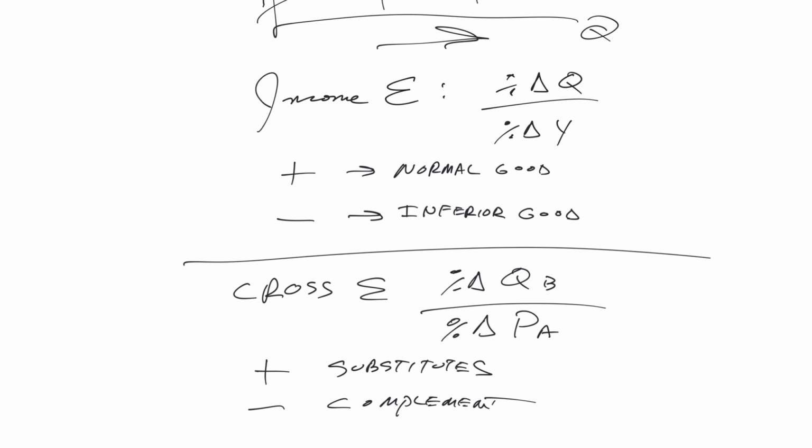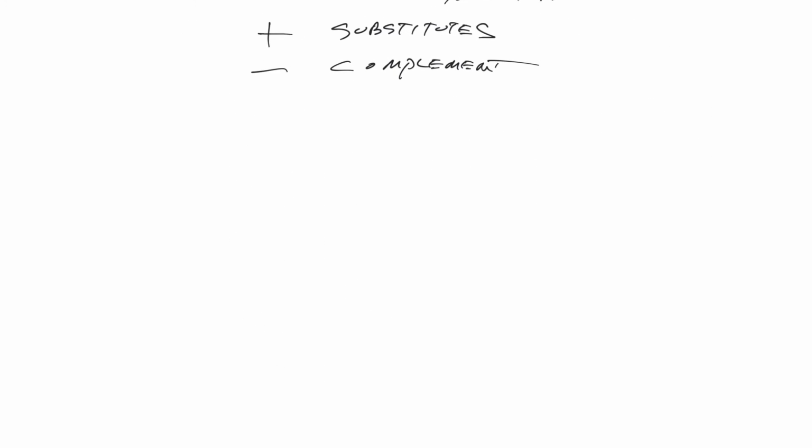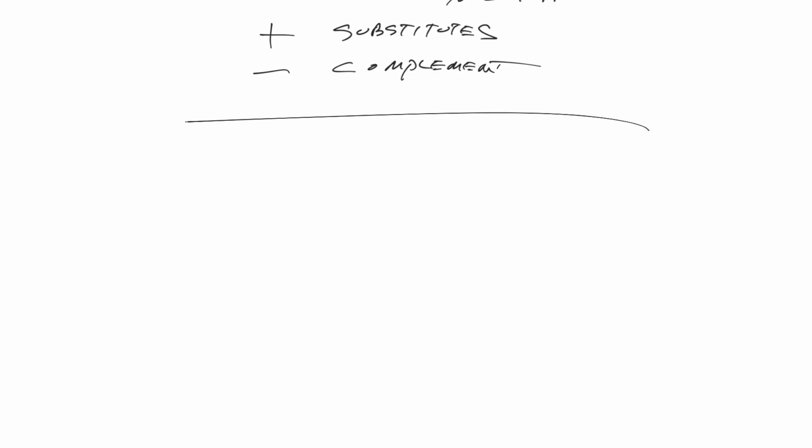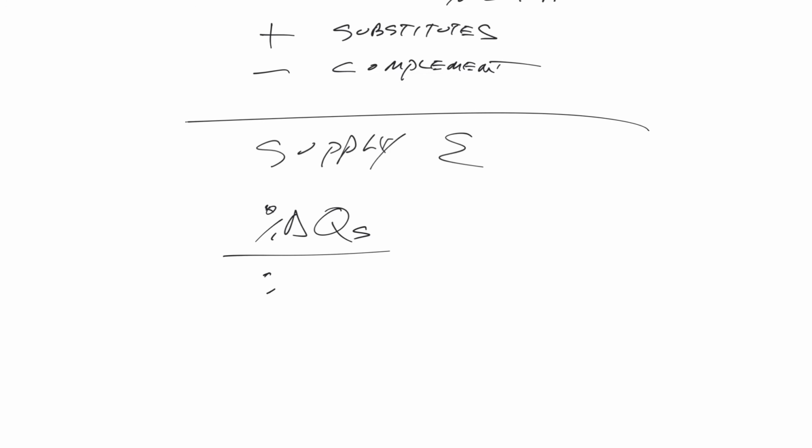Price of good A goes up, they buy less of A, but they also buy less of B. Well, they must be goods that are used together. And then, of course, we've got supply elasticity, and that is the percent change in quantity supplied in response to a percent change in price, the price of its own good. And we expect that to be a positive number.